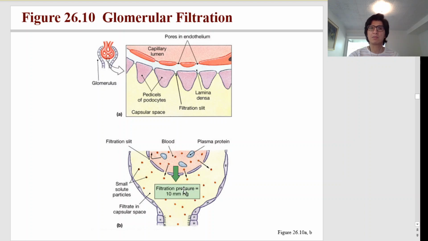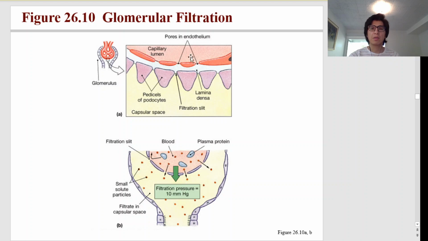We have reverse filtration. But those are the main forces to focus on when thinking about glomerular filtration rates. So we have high blood pressure. There are mechanisms that allow us to regulate or buffer high blood pressure when it gets to the afferent arteriole. But if the pressure is higher here, you're going to have a higher level of filtration occurring.